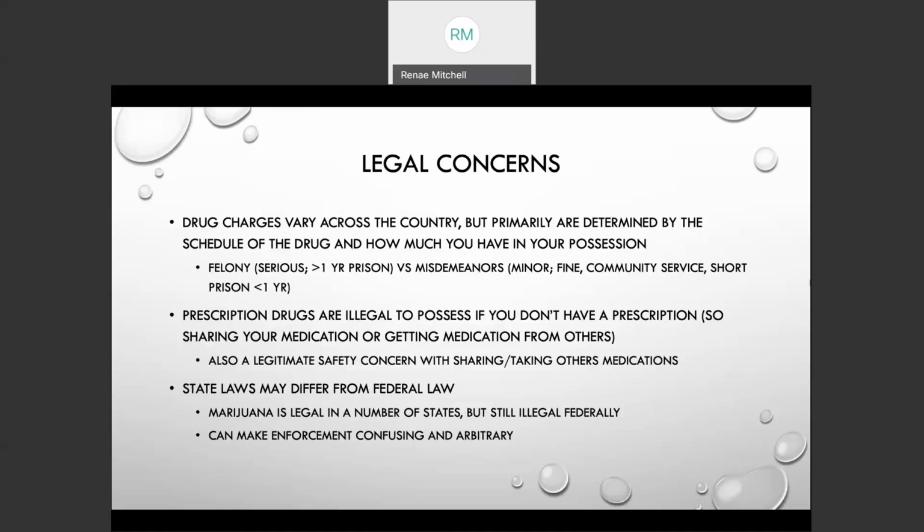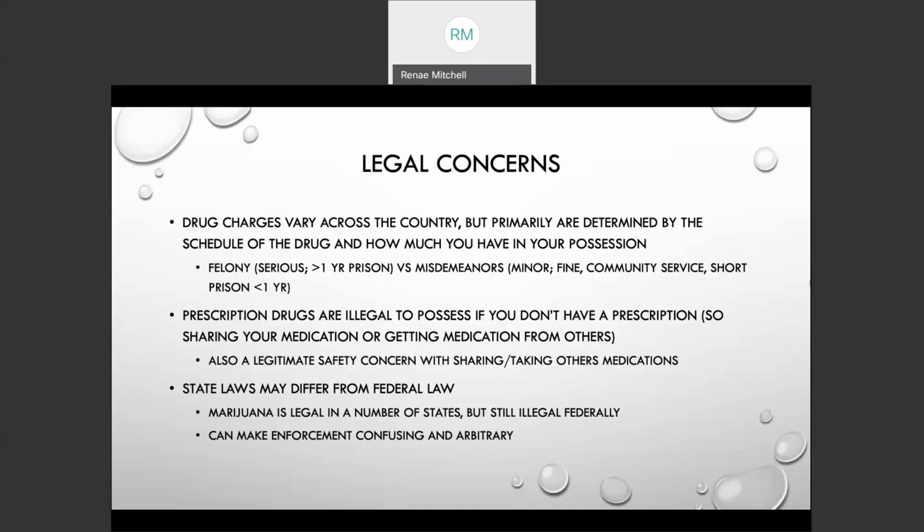In addition to the straight up illegal drugs that are Schedule 1 drugs, a lot of the other drugs in the Controlled Substances Act, people can have prescriptions for. However, it is illegal to have the drug in your possession if you don't have a prescription for it. So taking someone else's medication, sharing your medication, or getting medication from others is illegal, and it could carry with it legal consequences, a la misdemeanor or a felony charge.